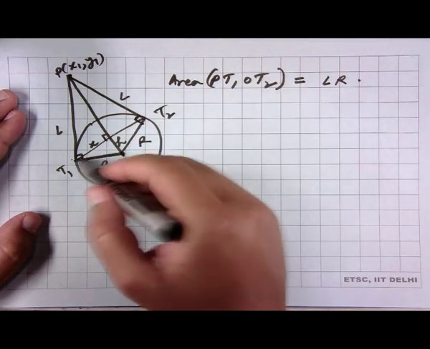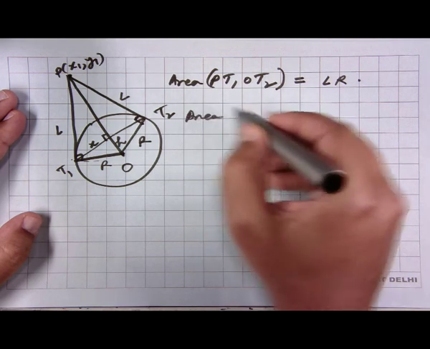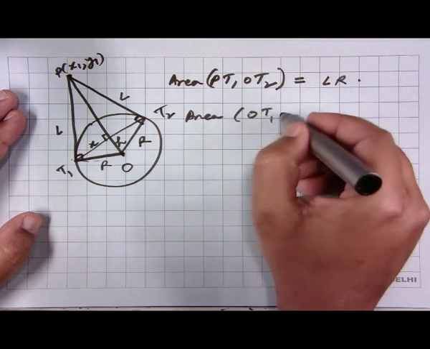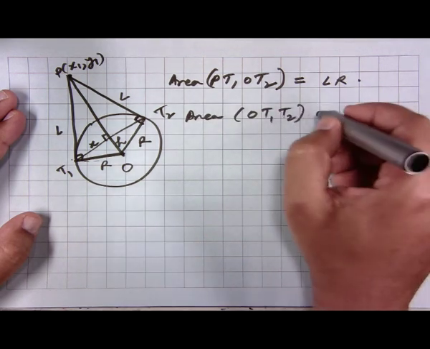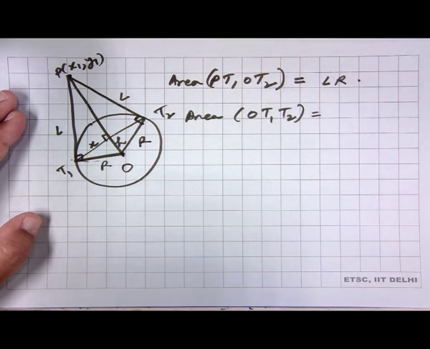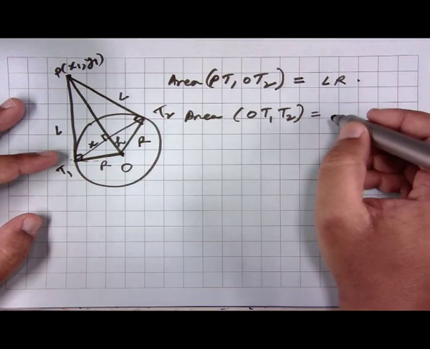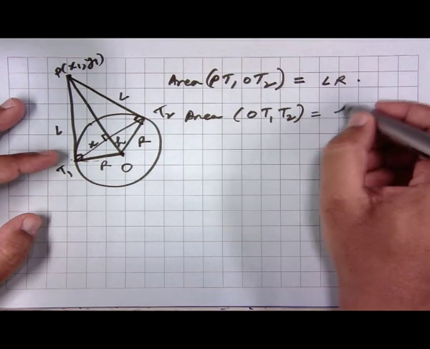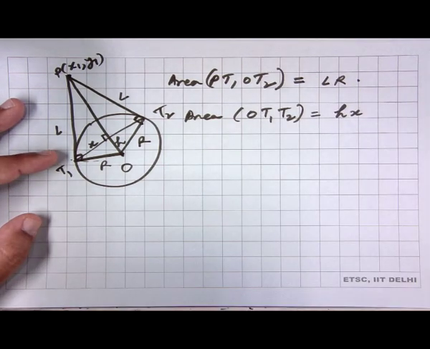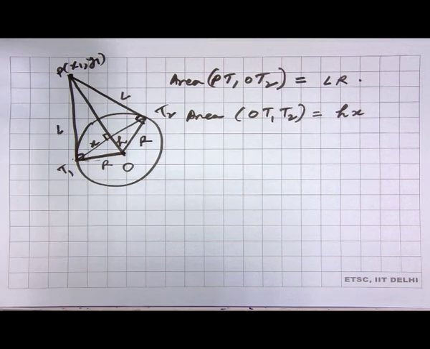Further, the area of OT1T2 is simply h into x.